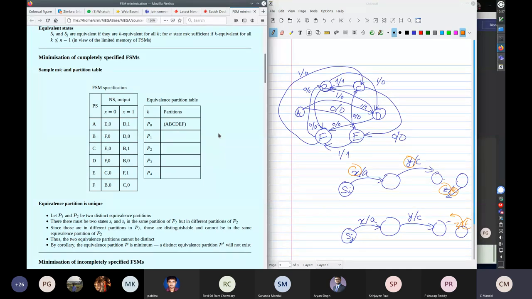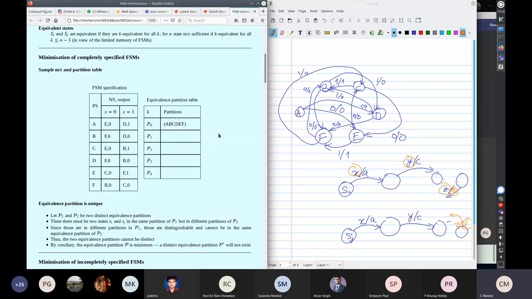So to start with, you assume that all the states are equivalent, and then you see whether your claim is true or not.